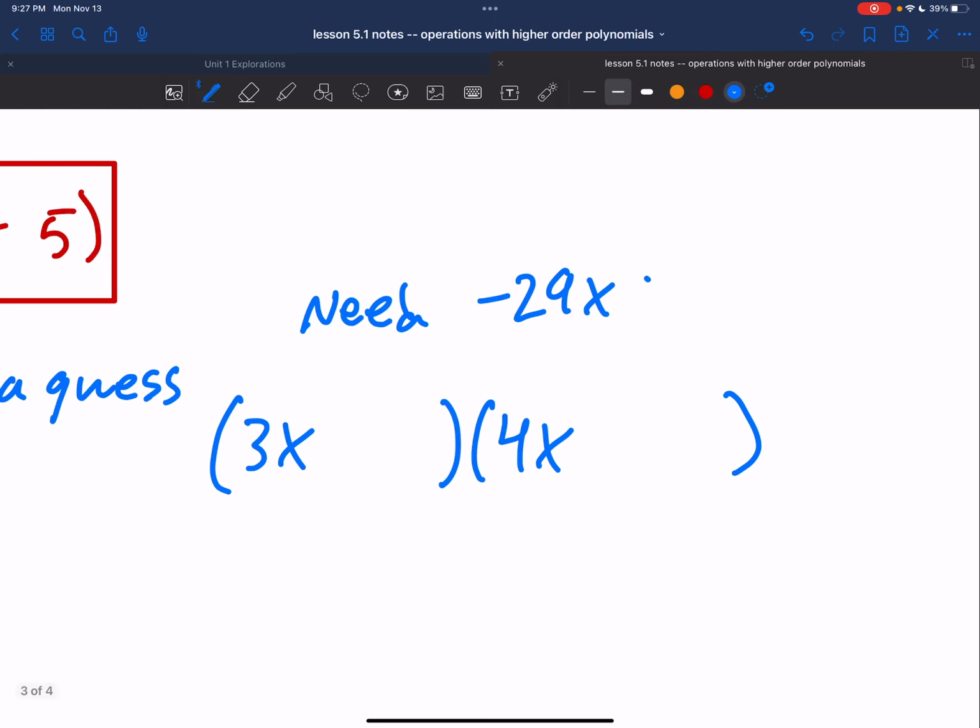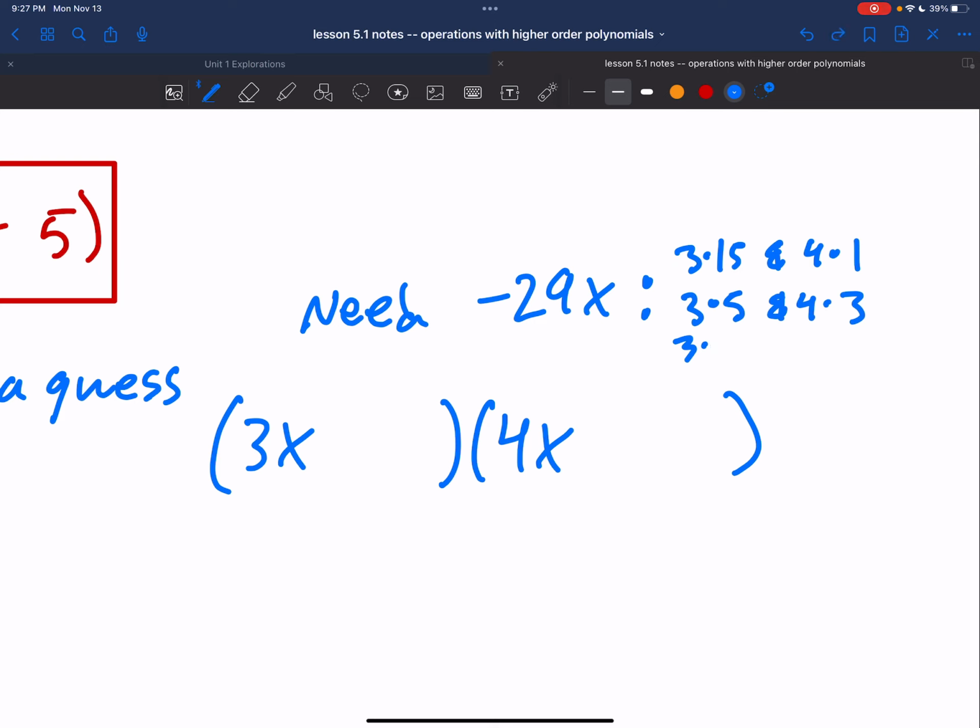If you think about 1 and 15, 3 times 15 and 4 times 1, well, that's 45 and 4. I don't know about that. How about 3 and 5 and 4 and 3? 15 and 12? Maybe?